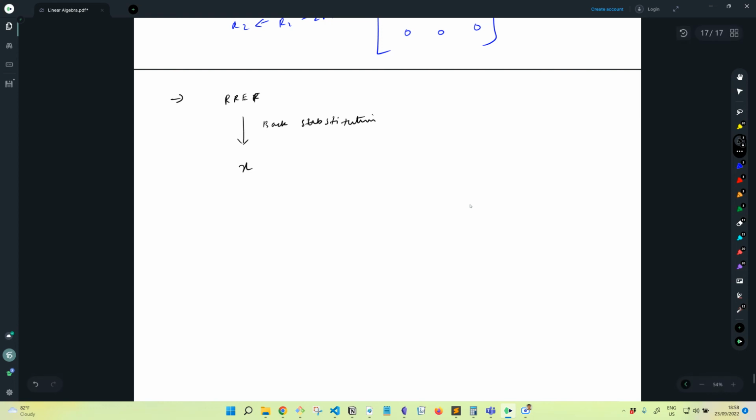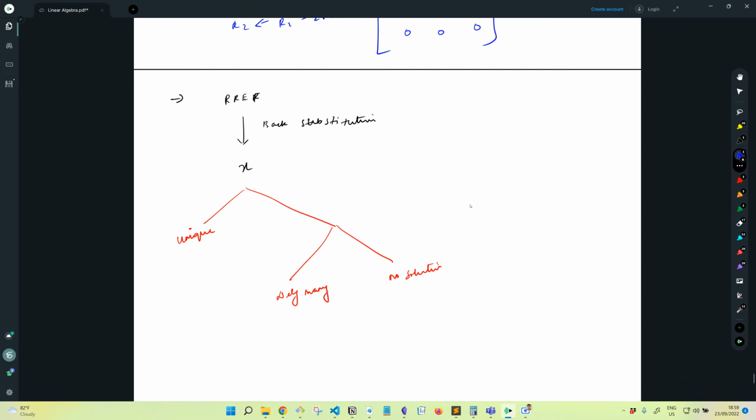Then further we saw that your solution will fall in one of three cases. What are the three cases? Either x is unique, or you have infinitely many solutions, or no solution.